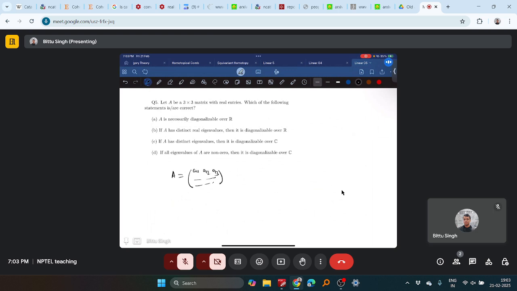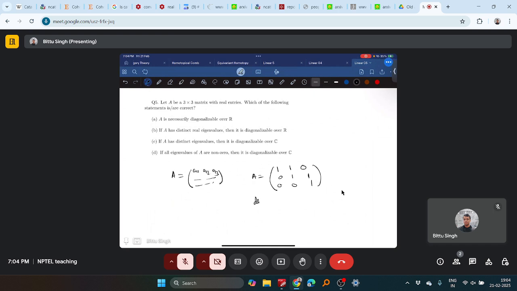So let me see something. Let A equal this matrix with 1 on the diagonal, and above the diagonal the entries are 1, and every other entry is 0.